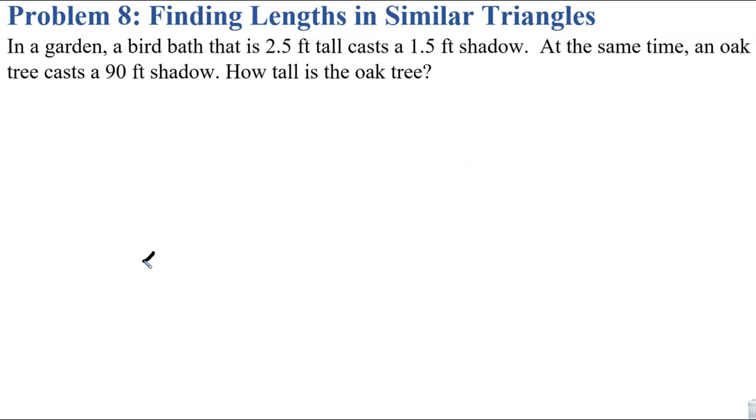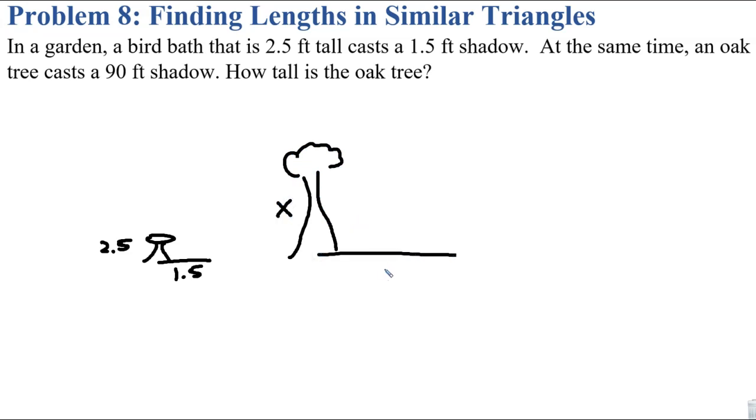So we have a bird bath which is 2.5 feet tall and casts a 1.5 foot shadow. And at the same time, we have an oak tree. We're not sure how tall it is, but it casts a 90-foot shadow.